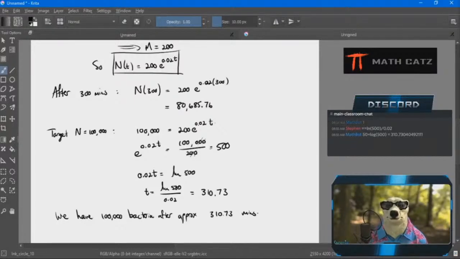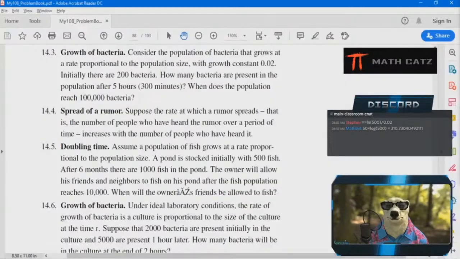The first part is translating the key information about how the population grows. And for our purposes, it's always going to be at a rate proportional to the population size. That translates to a differential equation.